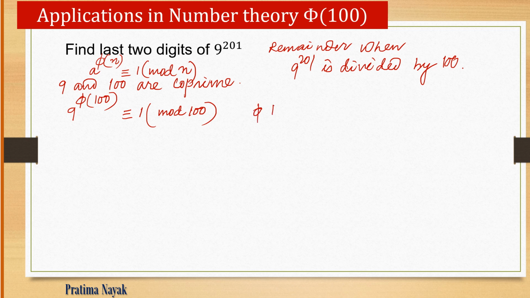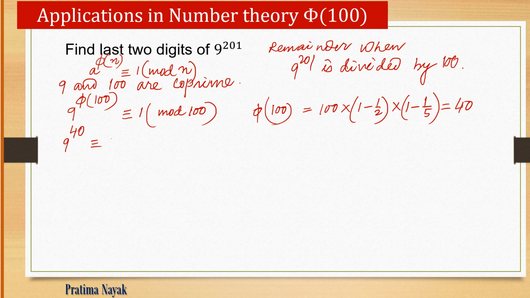Phi of 100 equals 100 multiplied by 1 minus 1 by 2, because 2 is a factor, and 1 minus 1 by 5, because 5 is a factor. This was 40, just now we calculated. So 9 power 40 is congruent to 1 modulo 100.